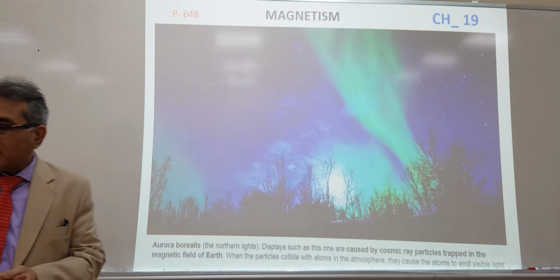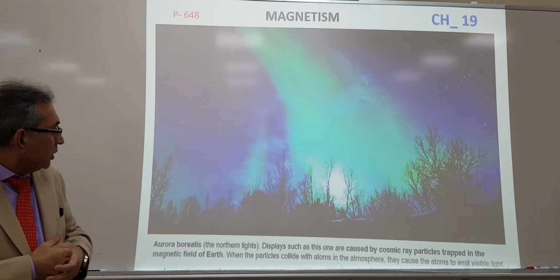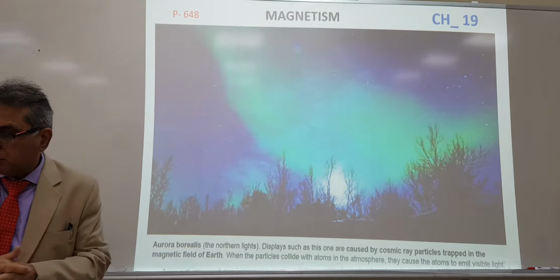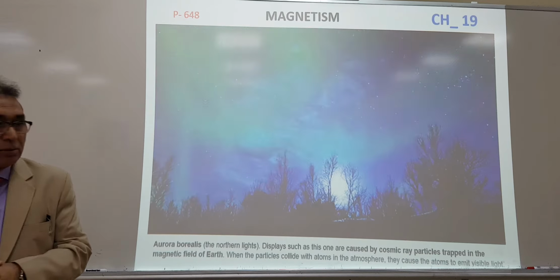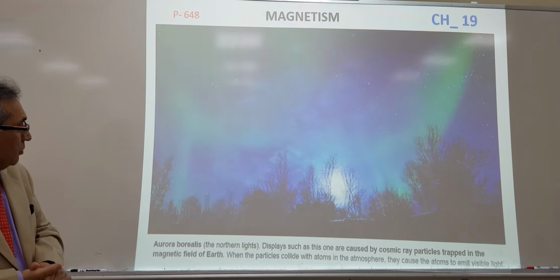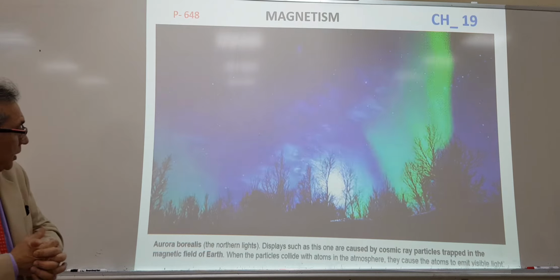Near the magnetic north pole, the lights so created are called the northern lights or the aurora borealis, and near the southern magnetic pole, the lights are called the southern lights.